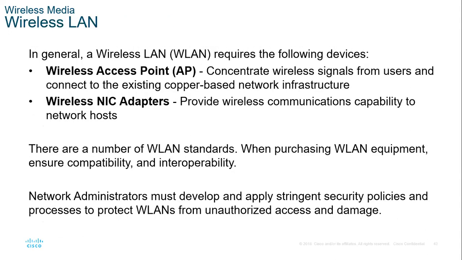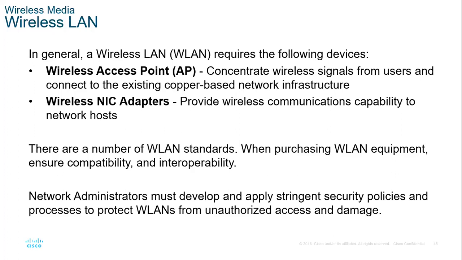Wireless LAN. In general, a wireless LAN requires the following devices: a wireless access point (AP) and wireless NIC adapters. The wireless access point concentrates wireless signals from users and connects to the existing copper-based network infrastructure. Wireless NIC adapters provide wireless communications capability to network hosts.